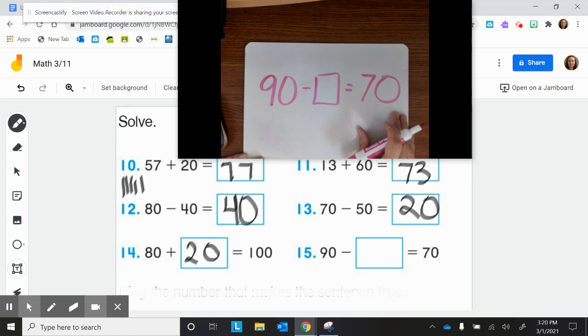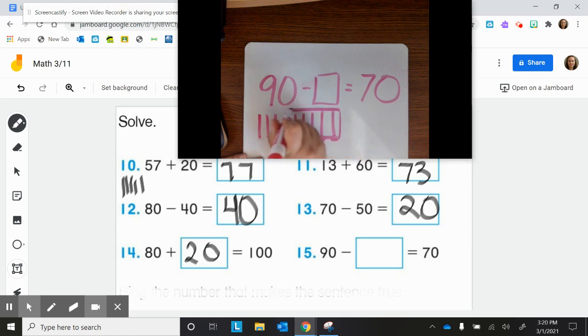Think. I think it's still a very good strategy if we draw 90, 10, 20, 30, 40, 50, 60, 70, 80, 90. 90, if I take some of them away, I'm left with 70. So if I see what I'm left with, 10, 20, 30, 40, 50, 60, 70. So here's 70. I'm left with 70.